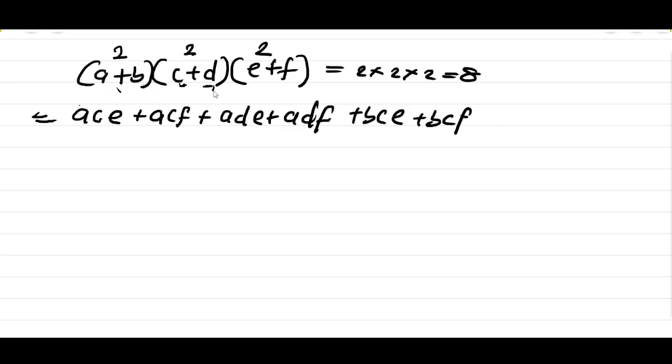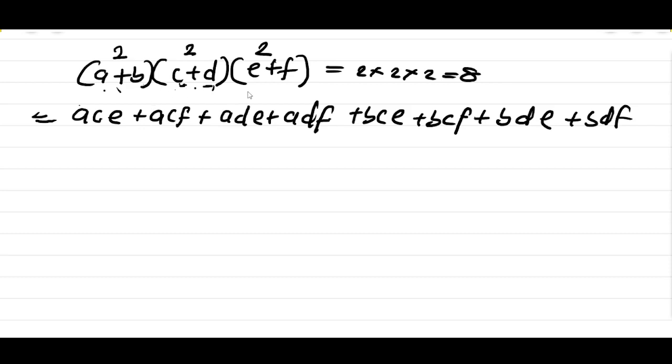Have we combined B, C, and F? Have we combined B, C, and E? Have we combined B, D, and E? We have not, so we can combine B, D, and E. Have we combined B, D, and F? No. So plus B, D, and F. So I think we have combined each term. Pick a term here, pick a term here, pick a term here, and form their products.